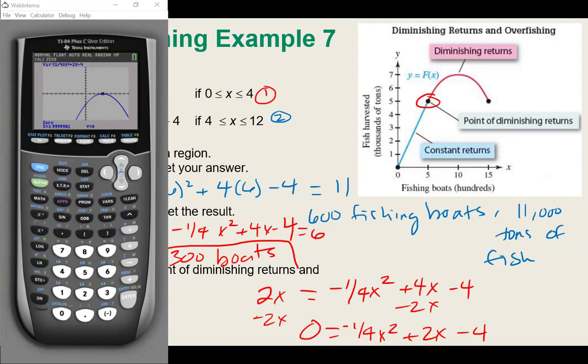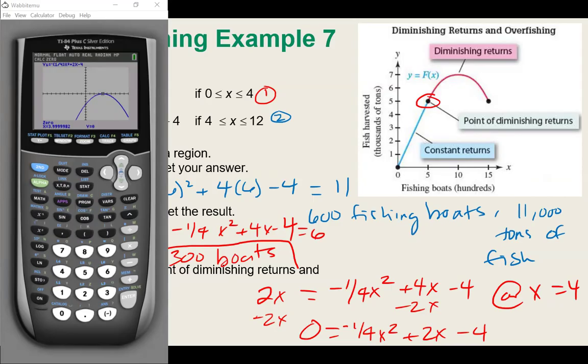So we end up with our diminishing value at x equals 4.